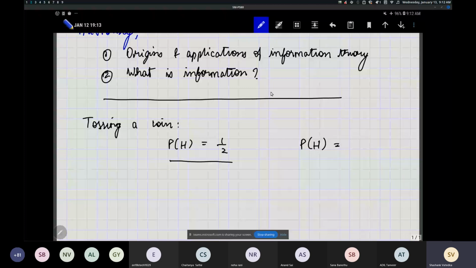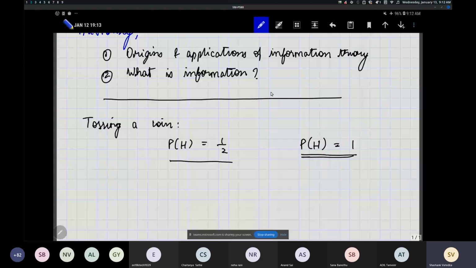So the probability of getting a head is always equal to 1. Even before tossing this coin, I know that it's going to be a head, so I'm getting no information after I observe the outcome of the toss. Initially there is no uncertainty about what the outcome is in this case. So let's look at something in between.